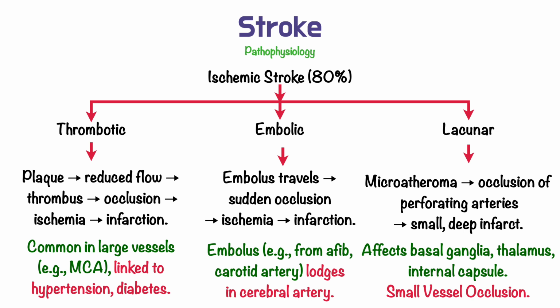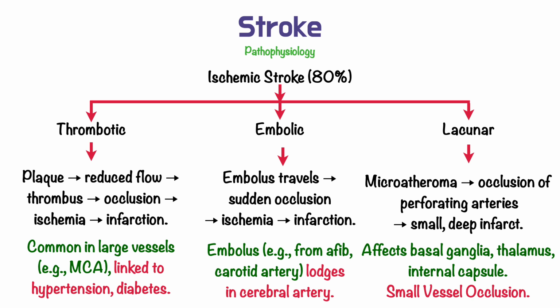Okay, the other one is embolic ischemic stroke. The embolus is actually a thrombus that is dislodged from its site of formation, right? So the embolus travels and causes sudden occlusion. An embolus can travel from a deep vein thrombosis or an abdominal thrombus; it can travel from anywhere by dislodging, causing sudden occlusion, ischemia, and infarction.